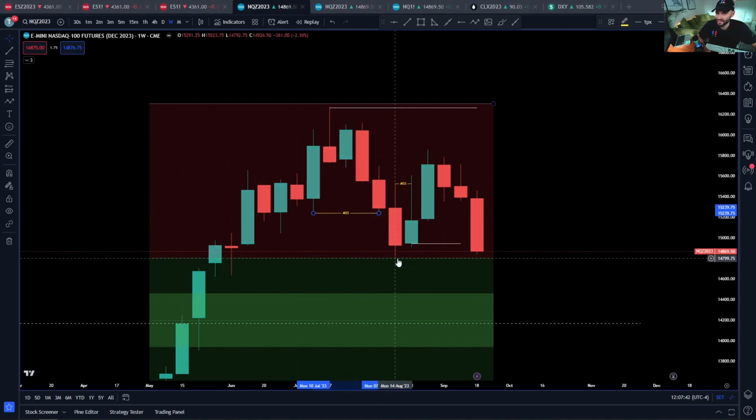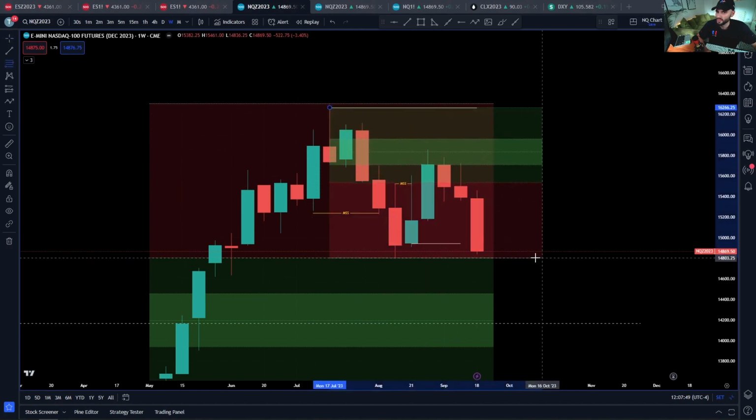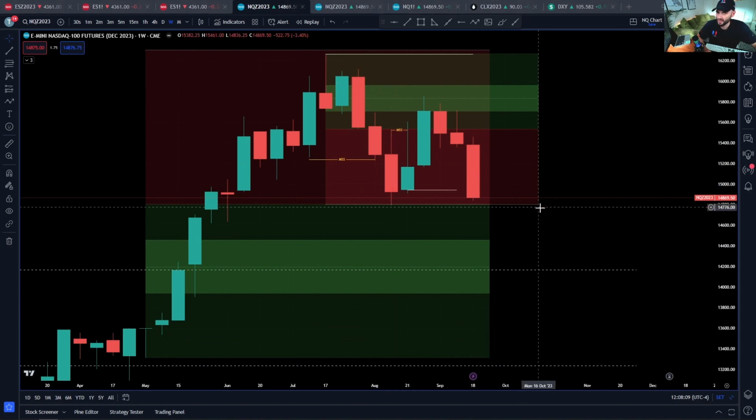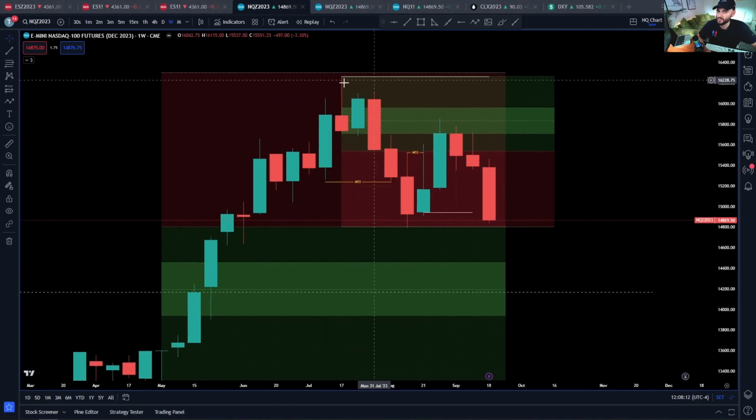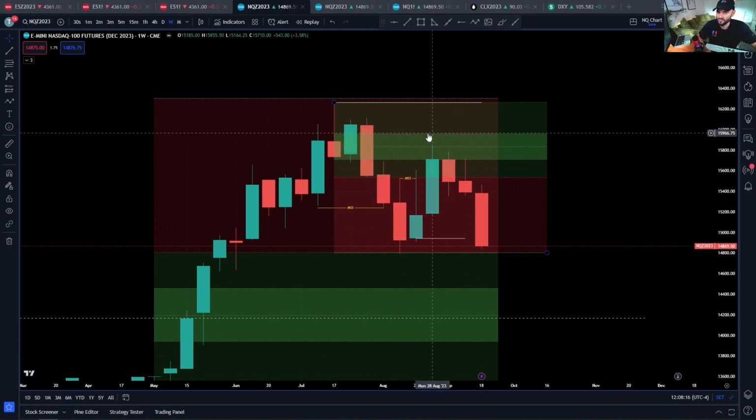Well, we're anticipating price to pull up into a premium for price to continue to the downside, right? Into a discount of a weekly range, okay? Because we're moving from a premium, right, of this dealing range, moving from a premium down to a discount, okay?